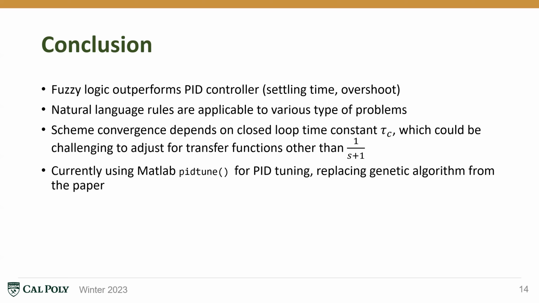And in place of the genetic algorithm that this paper proposed for gains tuning, we used the MATLAB PID tune function, since this method was developed after this paper, and we hypothesized that this tuning method would be more effective than the genetic algorithm used in this paper.